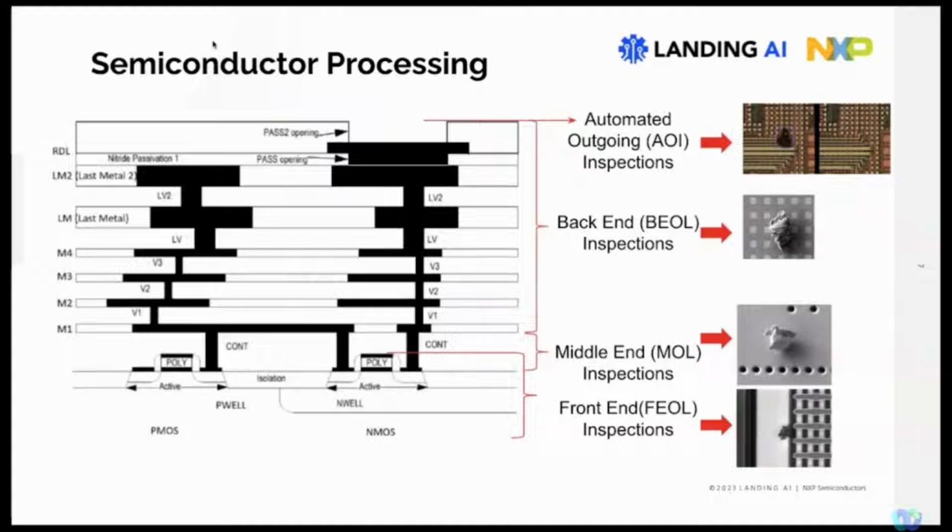But at the very end of the process, what we are actually going to talk about here is the automated outgoing inspections that we do. Even if we have controlled all the defectivity and process throughout the whole flow, we get to the end of it, and we still make another quality check because of that quality mindset, for the die to be either rejected or not rejected.